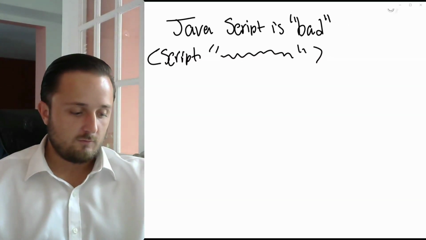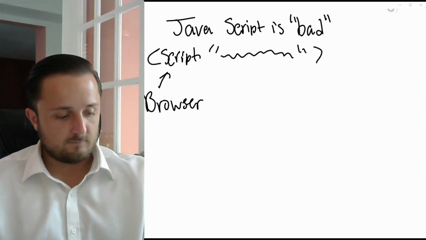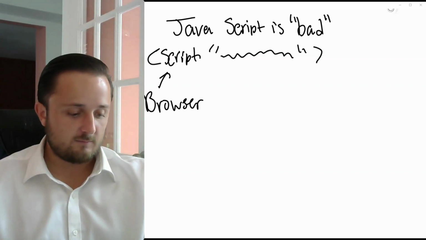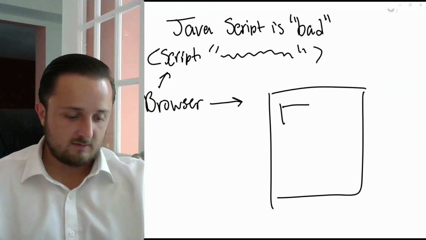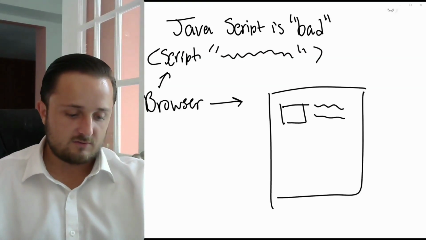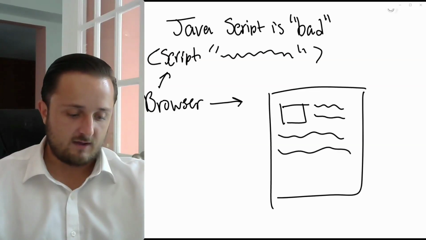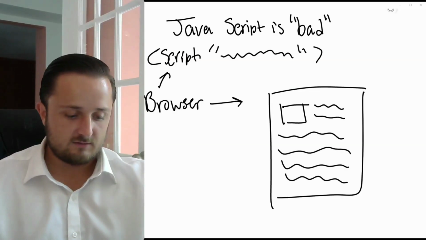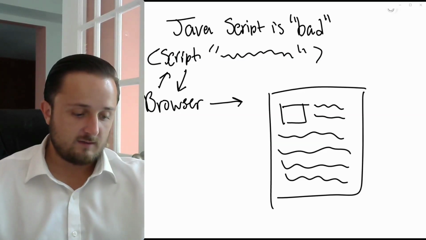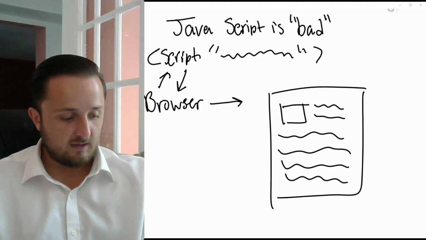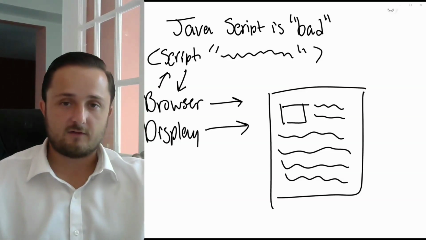Whenever Google or your browser comes to your site and sees the script, it will then process this script to display all of the content on your site. You've got your images, your heading tags, and all of this content on the page. So this script will be fed to your browser, which will process the JavaScript, and then it will start to display all of the content on your site.